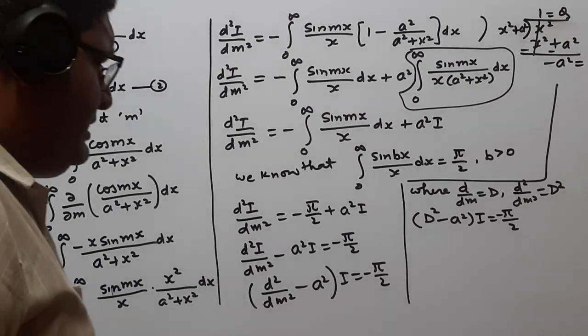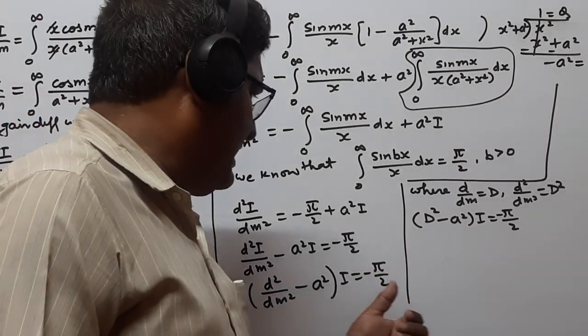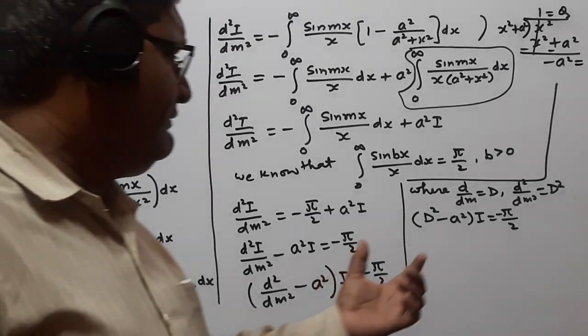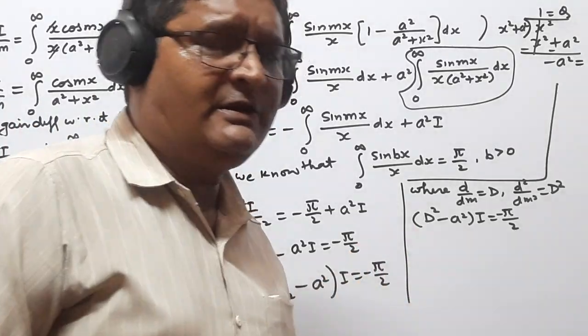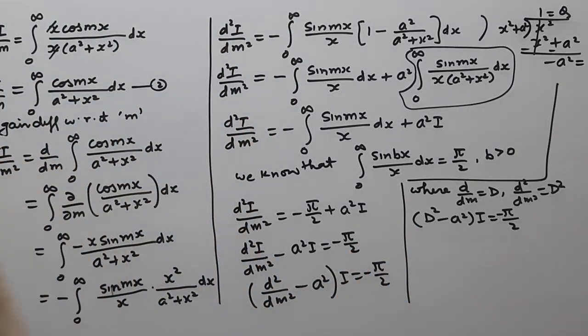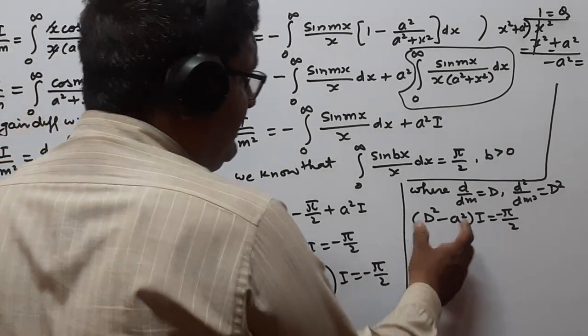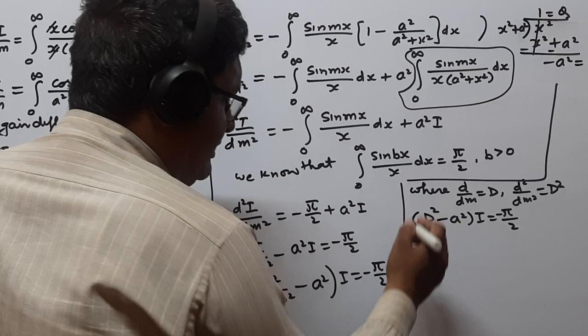Here I is the dependent variable and small m is the independent variable. So we find the solution of this second order differential equation. First we find the corresponding homogeneous equation.